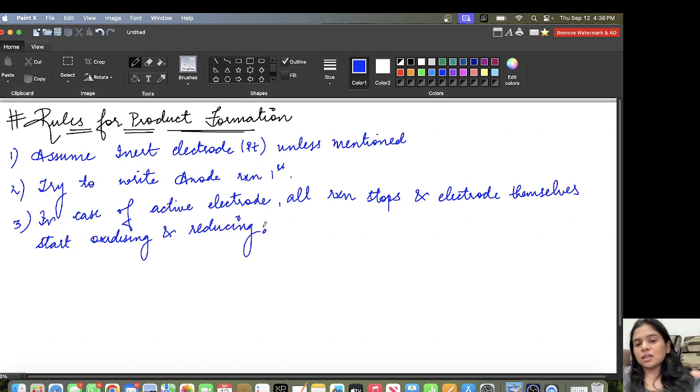So these three rules we will see practically case by case. First, assume everything is an inert electrode unless mentioned. Second, write the anode reaction first, it will become easier. Third, if there are active electrodes, all reaction will stop and the electrodes themselves start oxidizing and reducing.